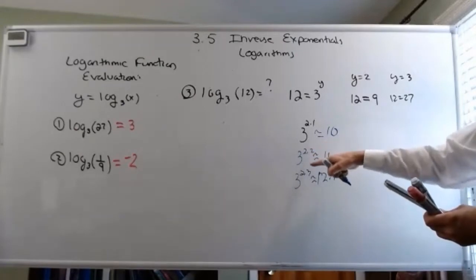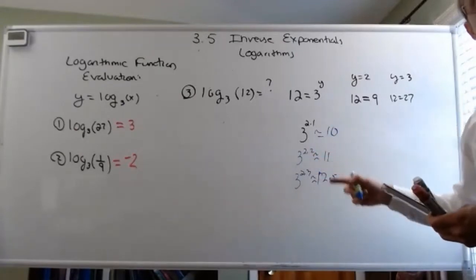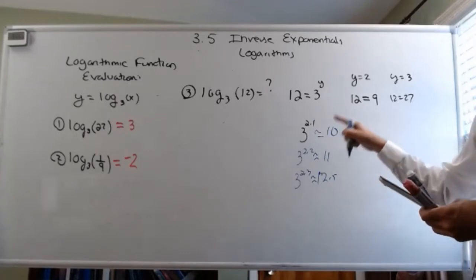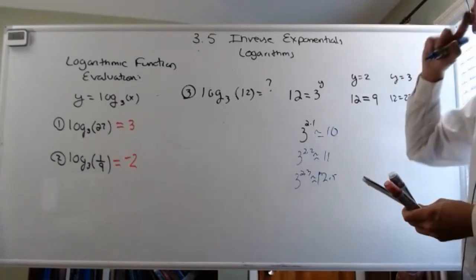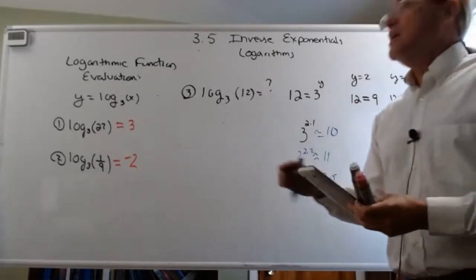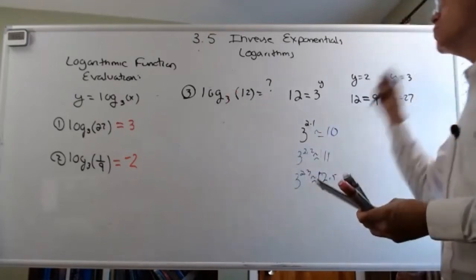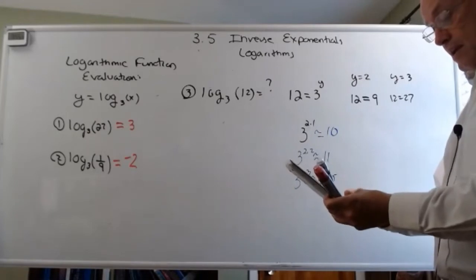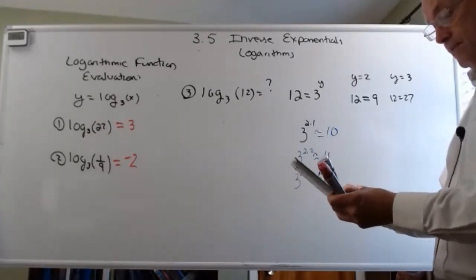So I know it's in between them. And I could keep doing this forever and ever. We don't want to do that. We'd like to find the exact value for that. And that's what the calculators do. They give us all those in between. And if I wanted to do that, let me just tell you what the actual answer is.